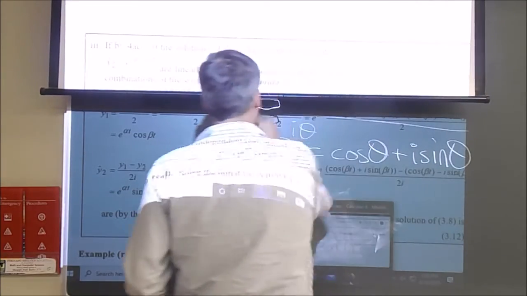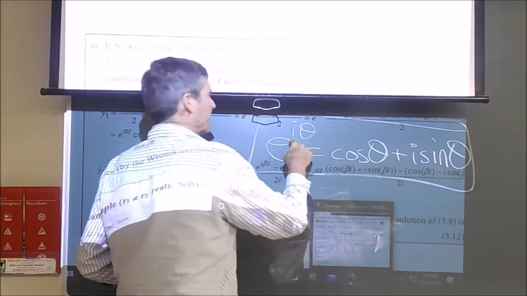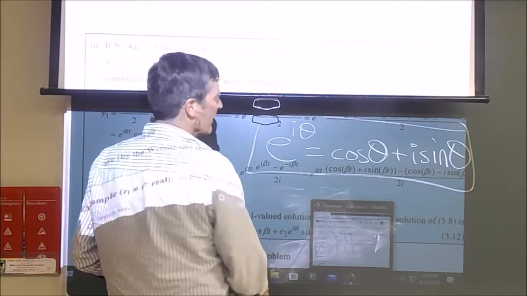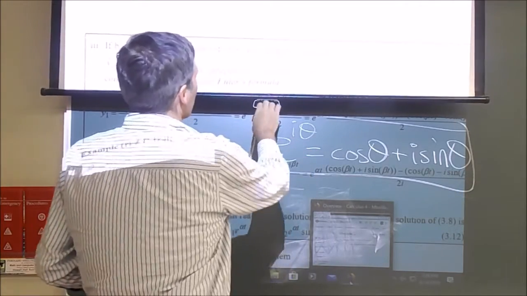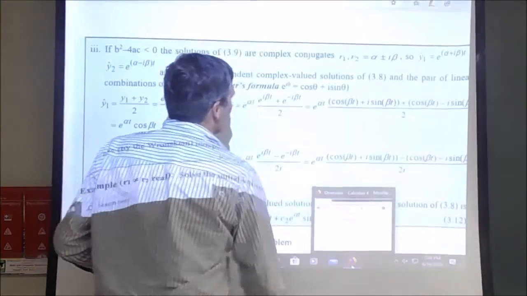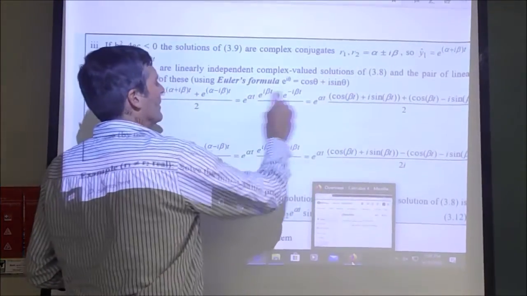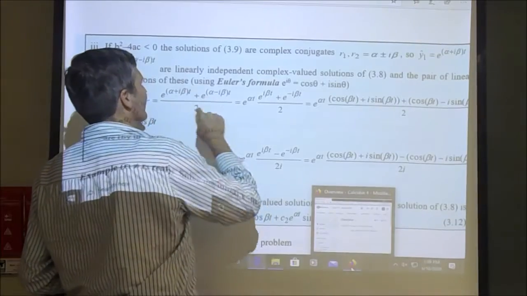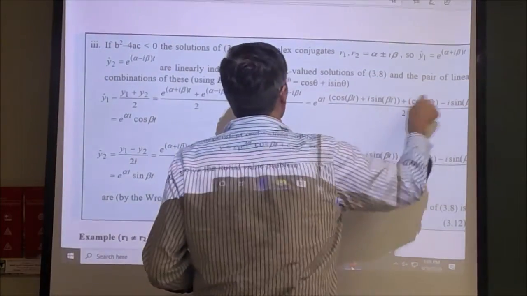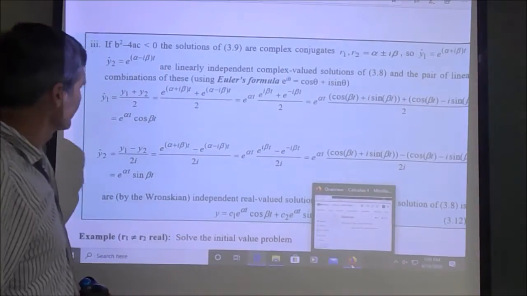There's Euler's formula for what the exponential of an imaginary number should be. And we just applied that here with theta equal beta t and got this for e to the i beta t and this for e to the minus i beta t.